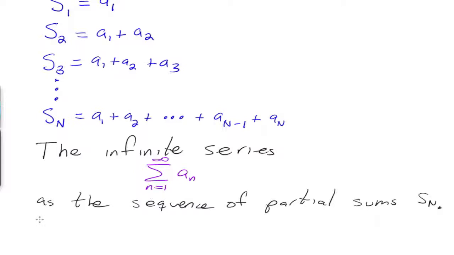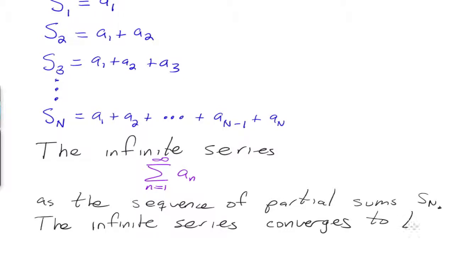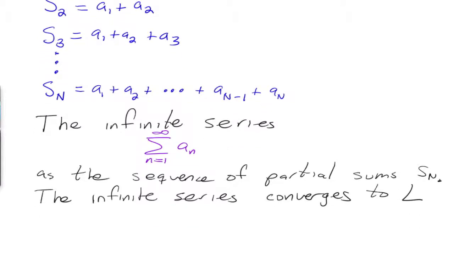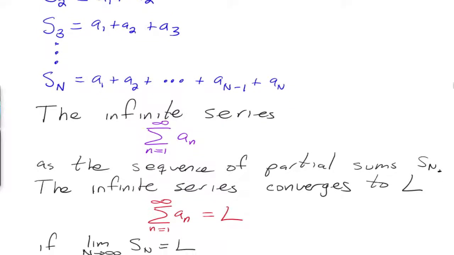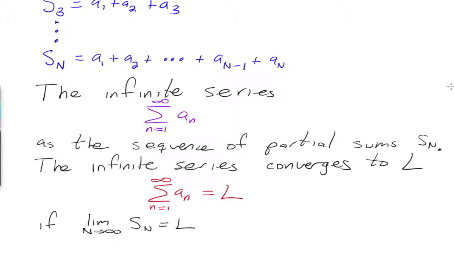So then we say that the infinite series converges to, let's say, L, and so then we write that the series from n equals 1 to infinity of A sub n is equal to L if the limit as n goes to infinity of the partial sums is equal to L. So in other words, if the sequence of partial sums converges to that number L, whatever it is, then you say that the series itself converges.